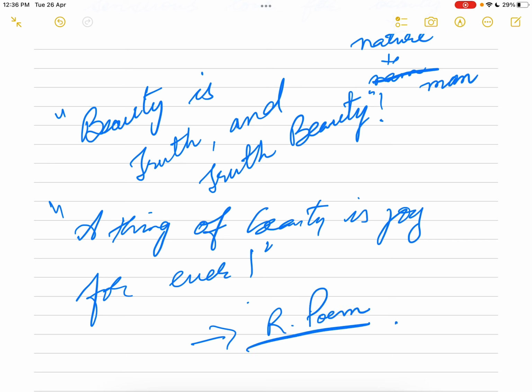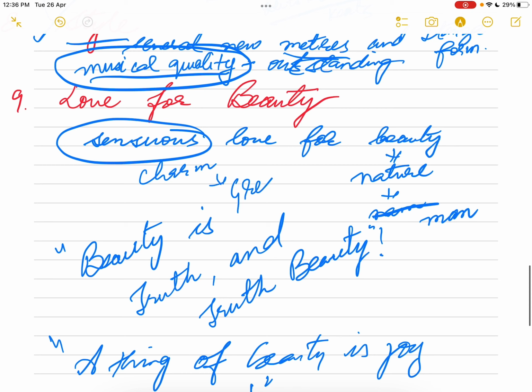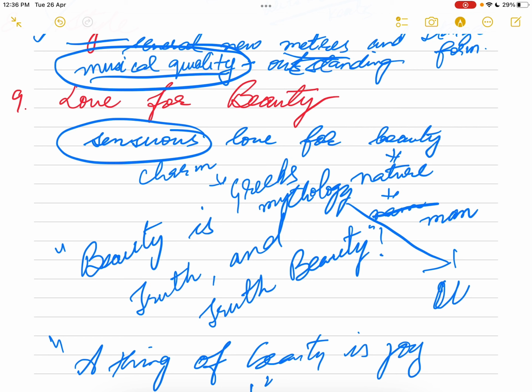And Keats, from where did he get his sensuous love for beauty? It goes back to Greek mythology. We have a poem, Ode to the Grecian Urn. There is this urn, a vase he has. It has everything about Greek mythology, and he discusses that in the poem Ode to the Grecian Urn. So these are minor characteristics which we also find in the poems of the romantic poets.